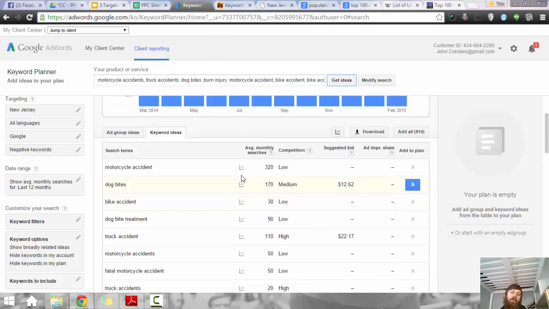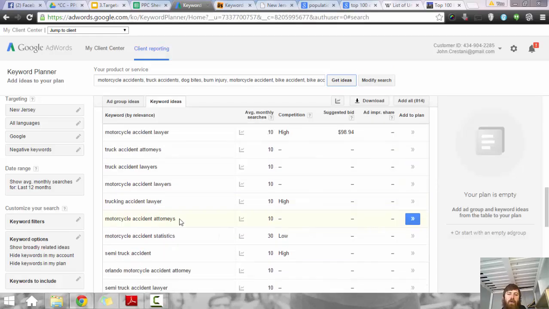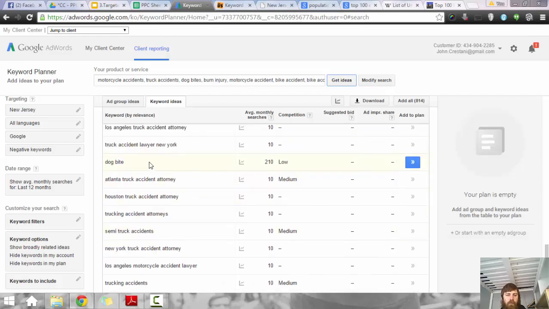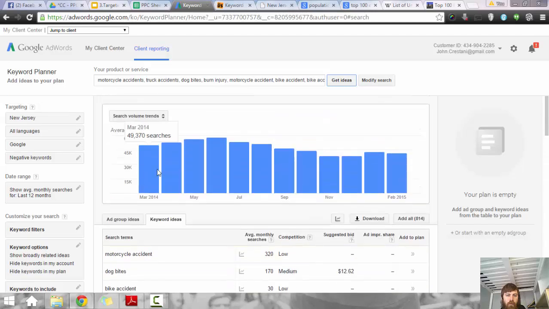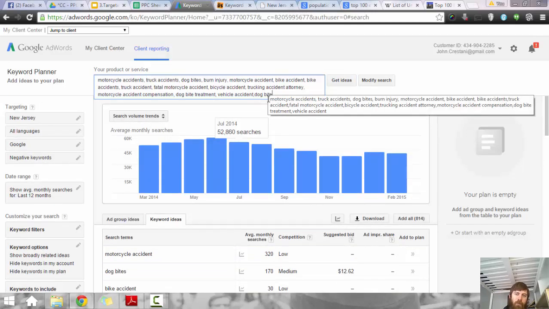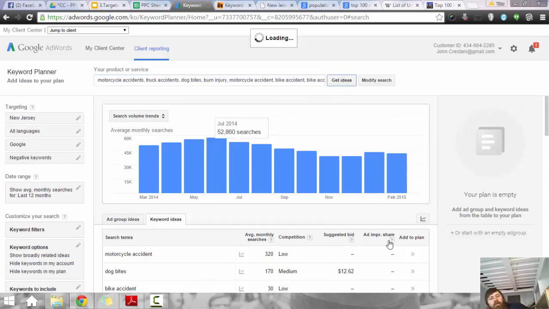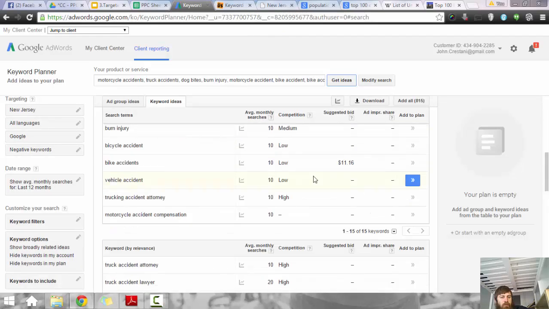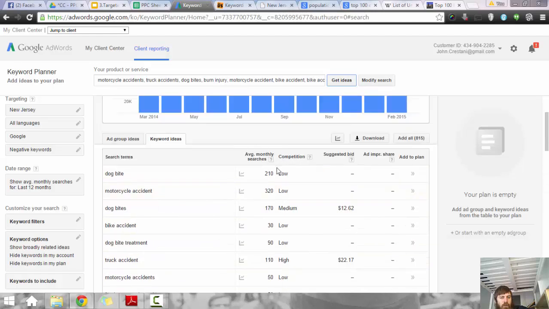Again, this isn't a very big group, so we'd probably want to find more stuff to throw in there. A dog bite in there. So we're really dealing with some low volume here.